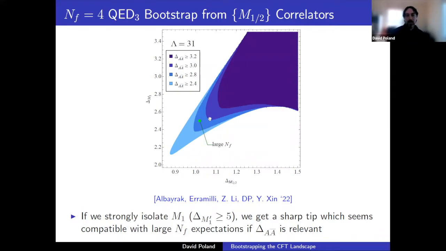But if you allow the AA bar operator to be a little bit relevant, say assume its dimension is bigger than 2.8 or something like that, then you see that the location of this tip is nicely compatible with the large N. So one question we wanted to ask in our study is whether it makes sense to take these large N estimates seriously if you make the working assumption that the large N expansion is converging and higher order terms are smaller than the terms that have been calculated.